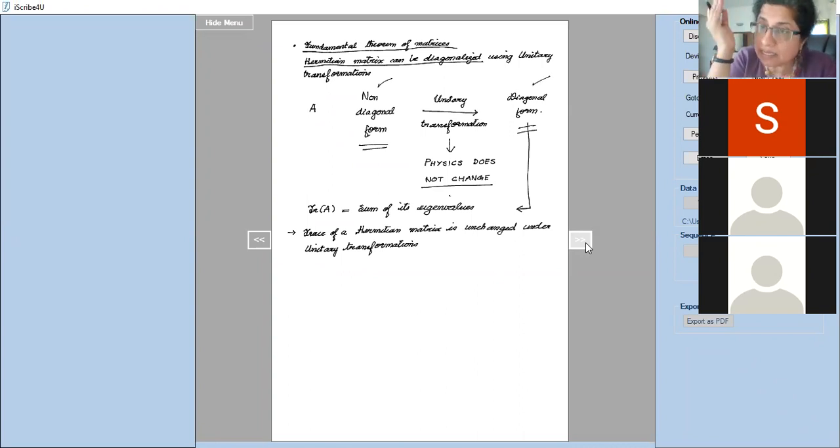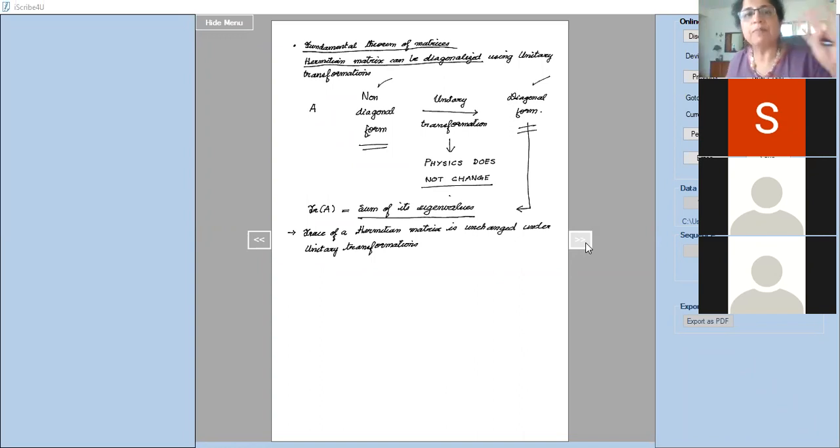But we know that in the diagonal form, it is the sum of the eigenvalues. So please remember, a Hermitian matrix, no matter what form it is in, the sum of its leading diagonal elements, which is its trace, remains unchanged, and it is always the sum of its eigenvalues.